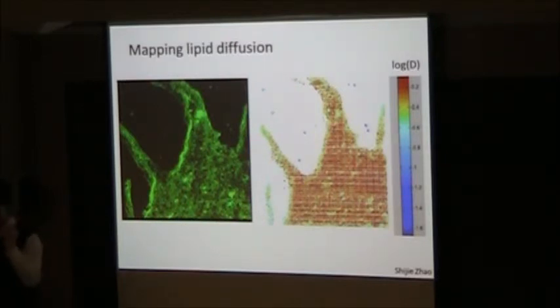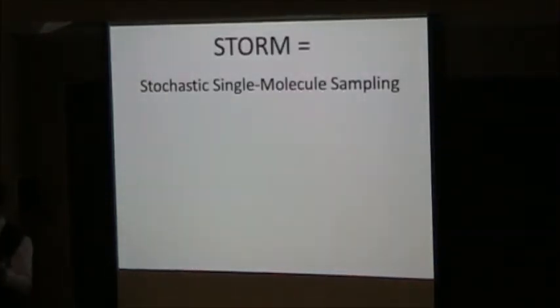But there's one thing, if you go back and think about STORM, I mean, what's the fundamental of STORM? What is it really about? STORM is basically switching molecules. So even when you have a very high density of molecules to start with, you can do single molecule experiments.